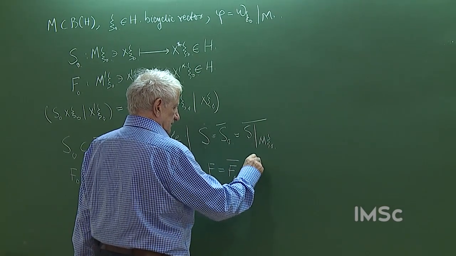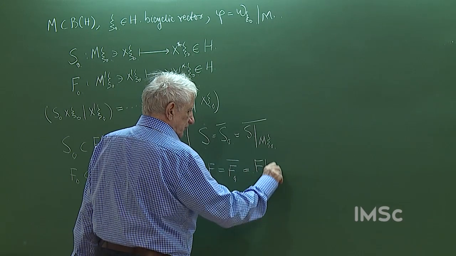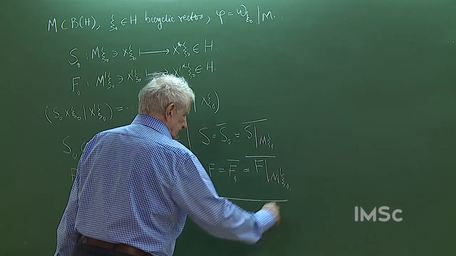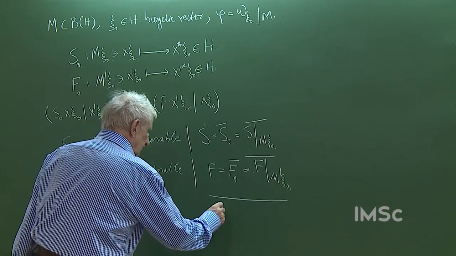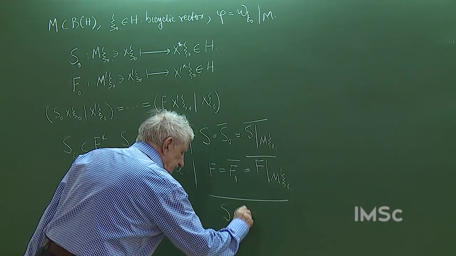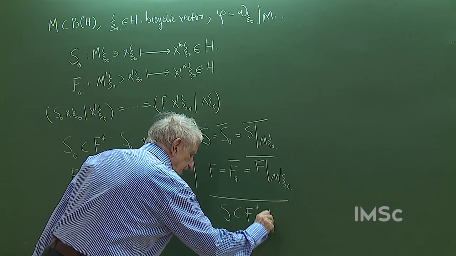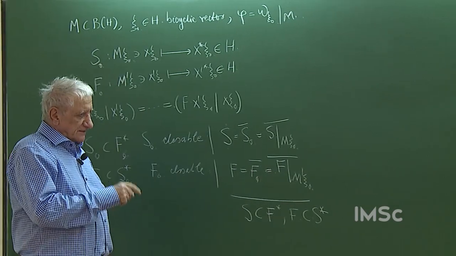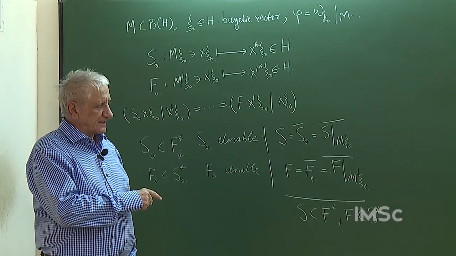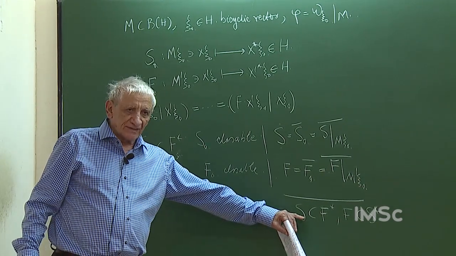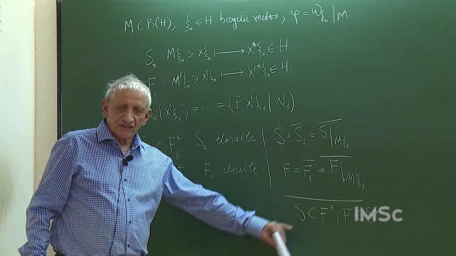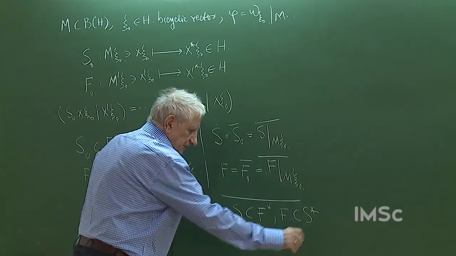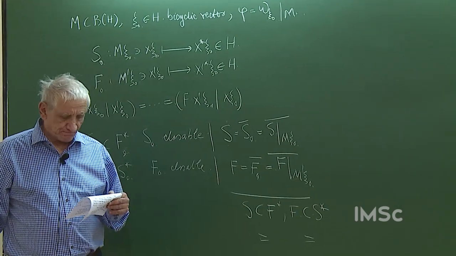This is also F restricted to M′ψ₀, and we still have this relation: S is included in F*, and F is included in S*. We will see that in this case of a bicyclic vector, we actually have equalities here. I will not prove it now, but I just announce that we will have equalities.